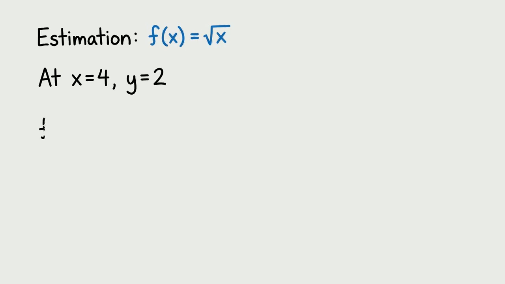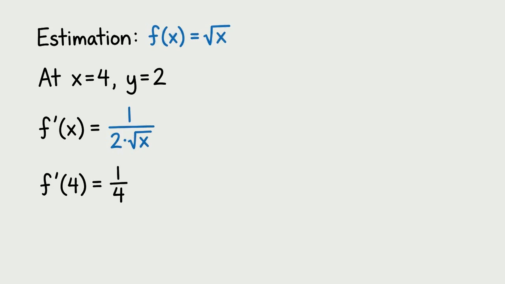Let's try estimating something using a derivative. Say f of x equals square root of x. At x equals 4, the square root is 2. The derivative of square root of x is 1 over 2 times square root of x. So at x equals 4, the derivative is 1 over 4. That means near x equals 4, the function behaves like 2 plus 1/4 times x minus 4.